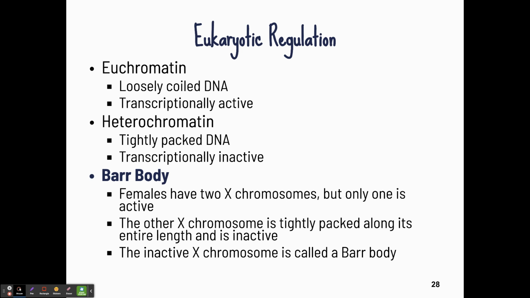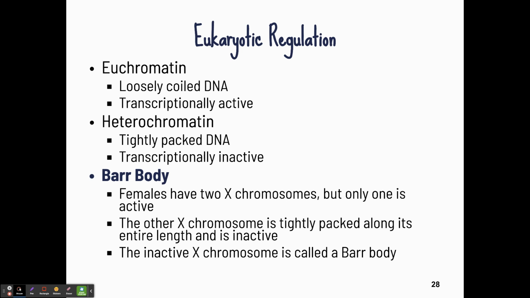We see this occur with our Barr bodies. Females have two X chromosomes, but only one is active. The other X chromosome is tightly packed along its entire length and is inactive. The inactive X chromosome is called a Barr body. This only occurs in females. Why? Because if you're a male, you have XY, so your X chromosome is turned on and your Y chromosome is turned on.